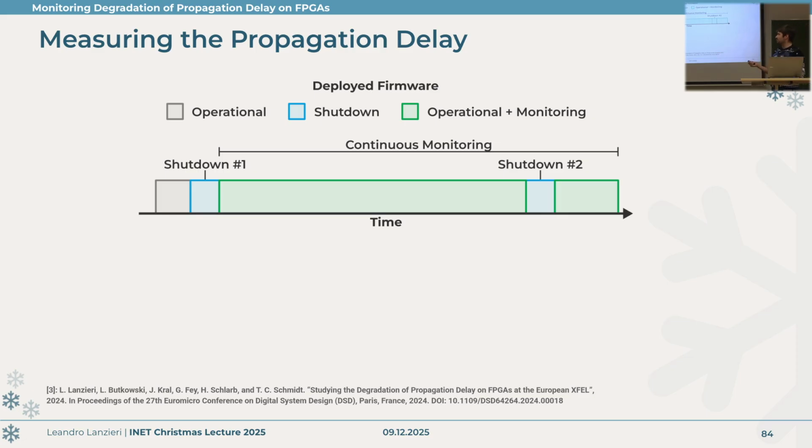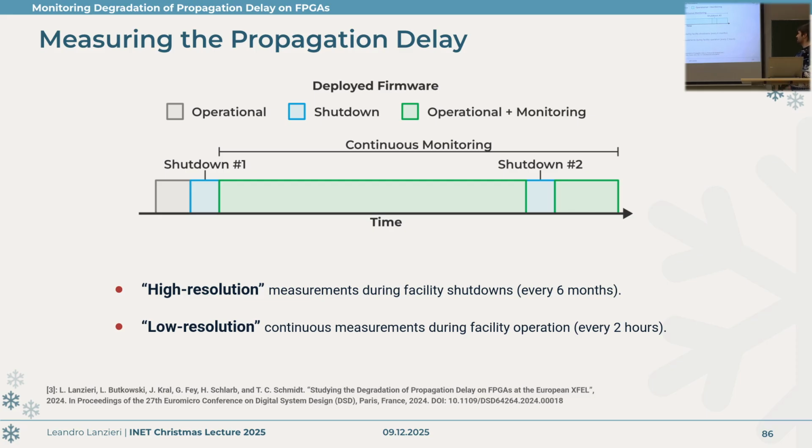In the first shutdown, we made a high resolution measurement, where we have the device for ourselves and we deploy multiple of these sensors. Then during operation, we have a lower resolution where we deploy fewer sensors, but we measure every 2 hours. So we have two types of measurements: one is the comparison between the two shutdowns, and another one is the continuous monitoring.